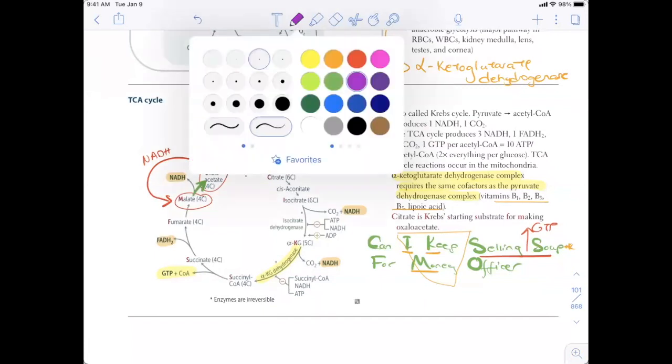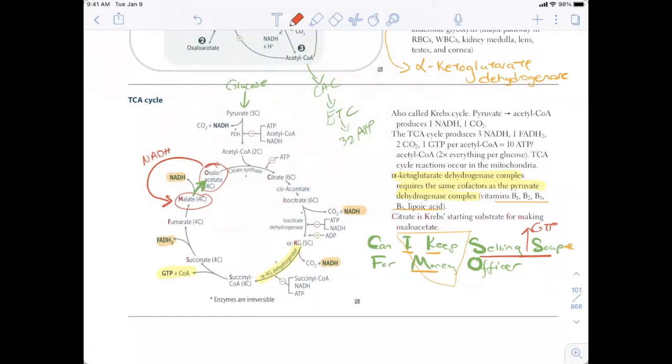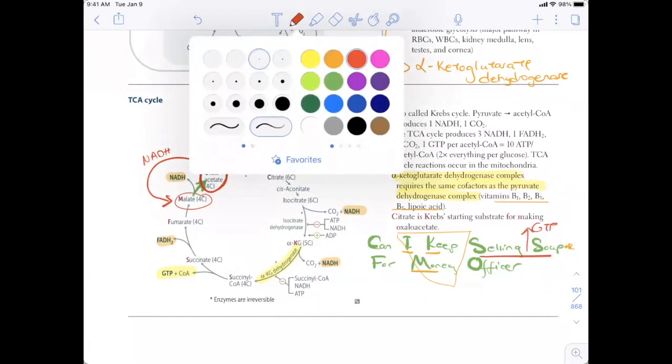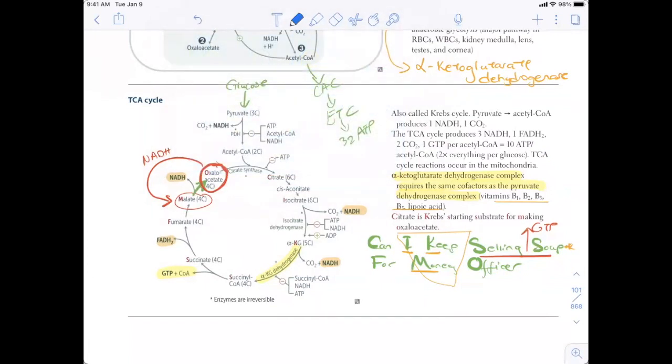If I look at oxaloacetate as a focal point, then what you need to remember in this focal point in the citric acid cycle is that oxaloacetate, obviously, can continue in the citric acid cycle by changing to citrate. So that's one.